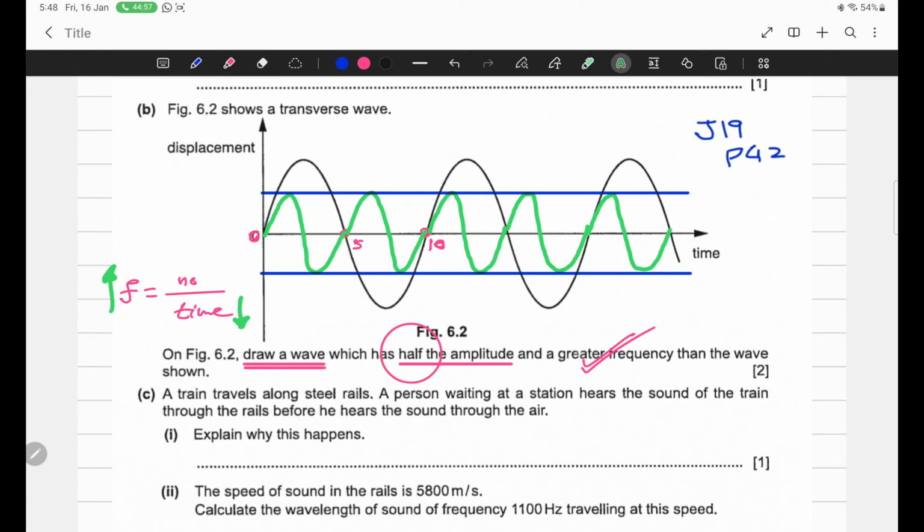Sir, we were given a black wave. The amplitude of the black wave was larger, and this wave has half the amplitude.